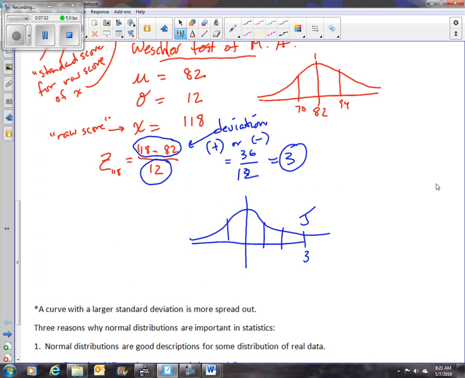Now, you probably know this already, but let's just go through this. If we use the empirical rule, we could say that there are 99.7% of the scores between +3 and -3.